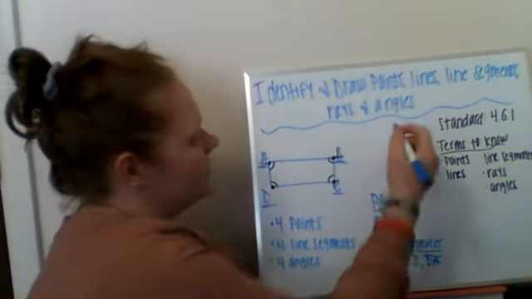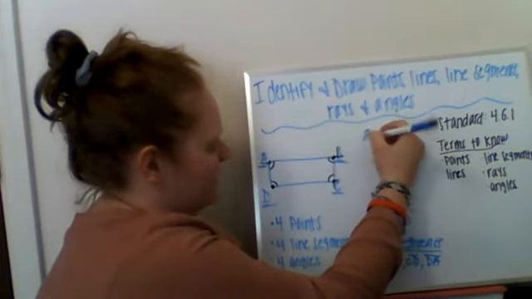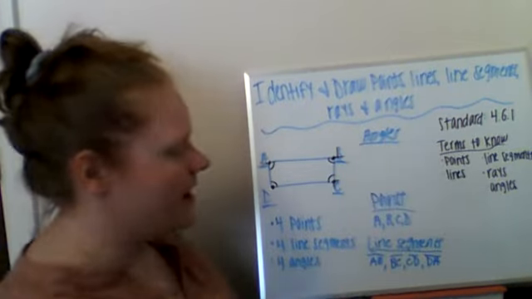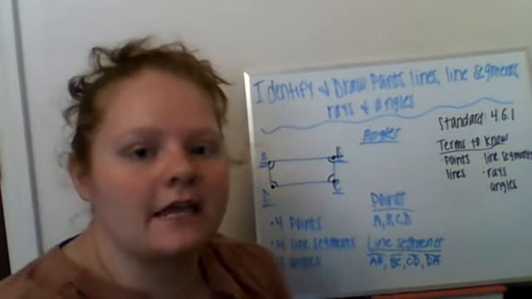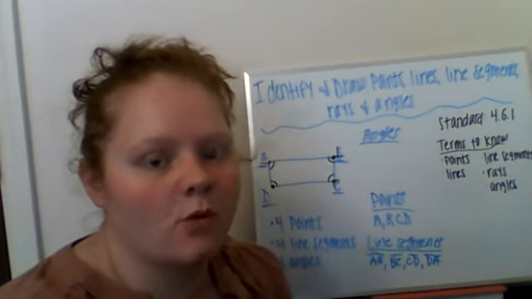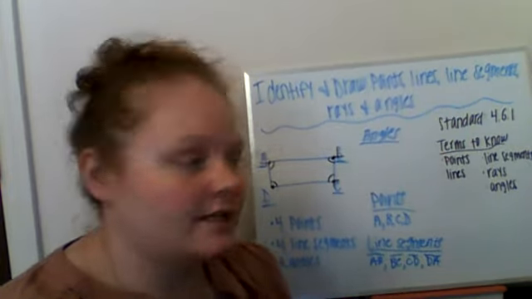Okay, let's look at the angles. Let's label the angles that I see in this picture. I've explained how you get angles, by taking two rays that share the same endpoint. Let's figure out the angles now.